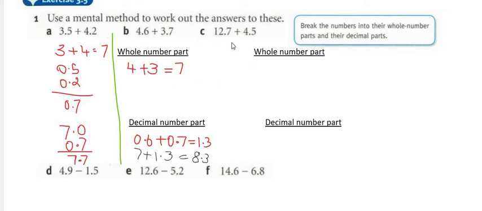Now we go to question C, 12.7 plus 4.5. We take the whole number part, that is 12 plus 4, which gives 16.